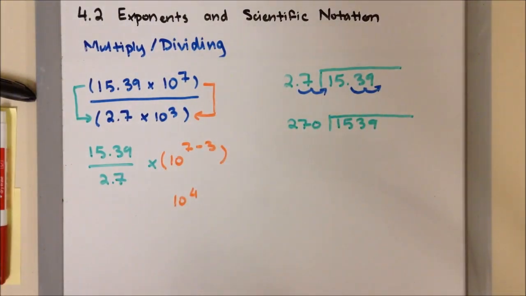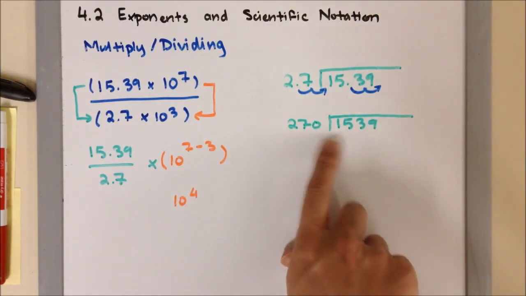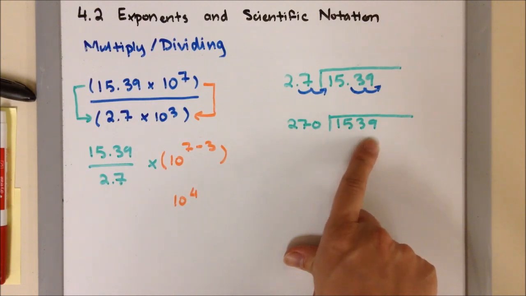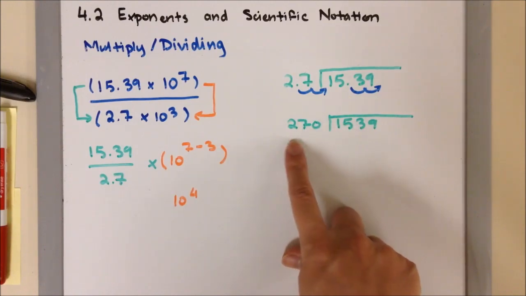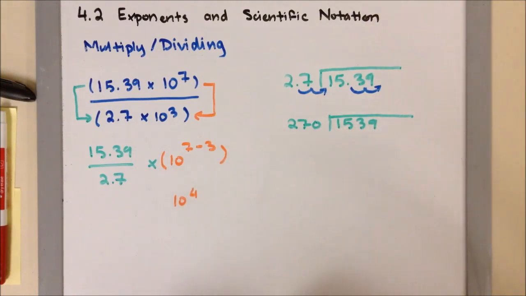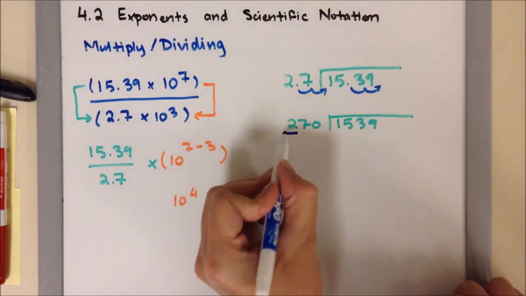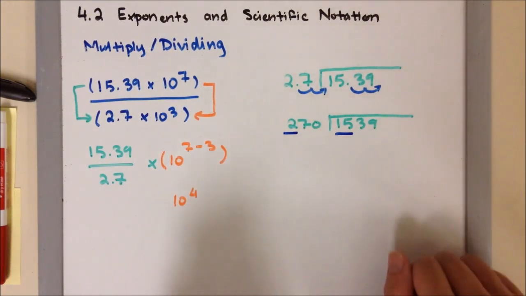Alright, so when we're dividing, I want to see how much 270 can go into 1,539. I'm not going to start with the 1, nor 15, nor 153 because it's less than 270. I have to go with 1,539. So basically I'm going to look at the 2 and the 15. 2 can go into 15 7 times.